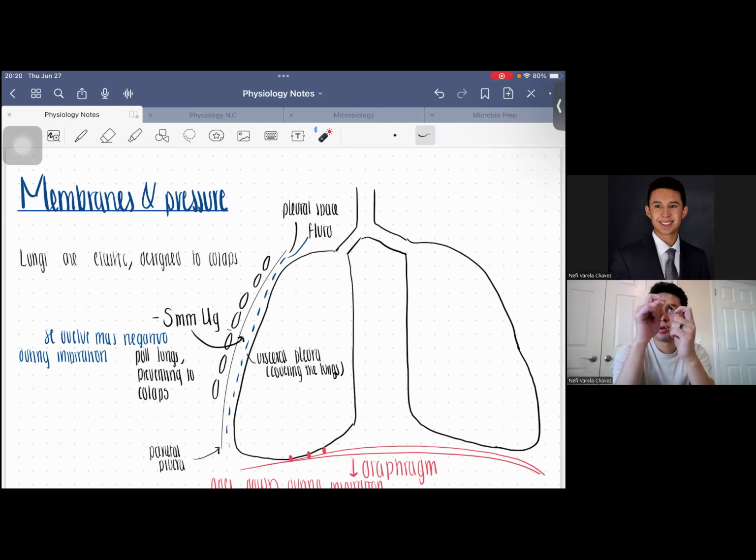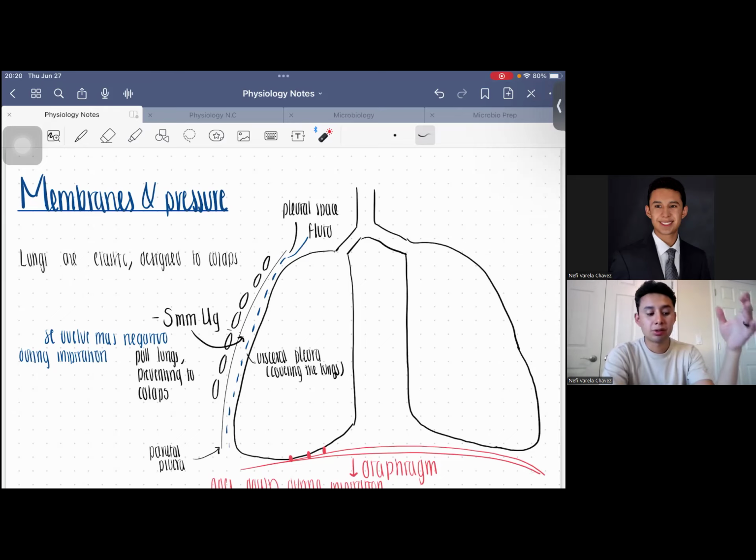As we inhale, we will want to increase the size of the thoracic cavity. We're going to use muscles such as the diaphragm that is going to contract and adopt a curved shape, creating more space in the thoracic cavity, and being able to create more pressure. So that's going to pull the lungs somehow.